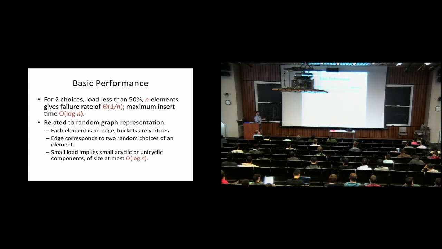And then you can say that what a cuckoo hashing table gives you is a random graph. And then you can use well-known facts about random graphs, that if the load is less than 1/2, then your random graph will have only small, that is like order log n size, acyclic or unicyclic components. And so the result just sort of falls out of random graph theory.